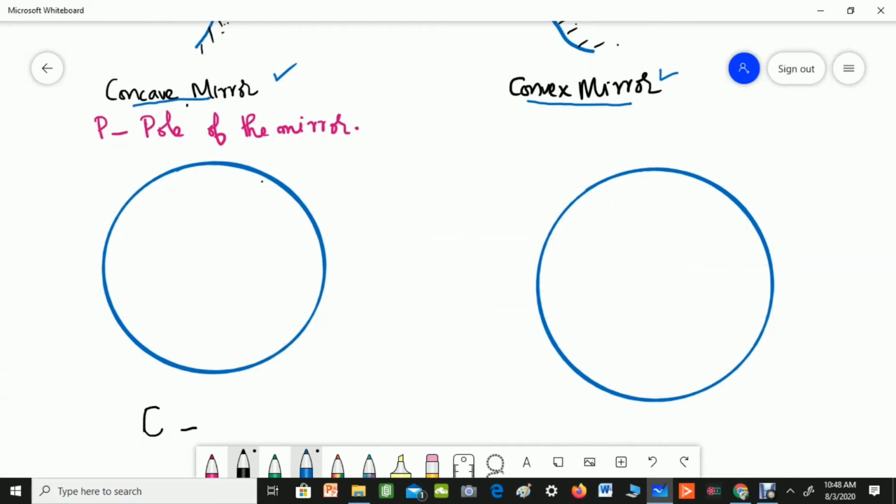If you are considering this sphere as a concave mirror, this is the reflecting side, because it is curved inward, and the back side is the non-reflecting side.